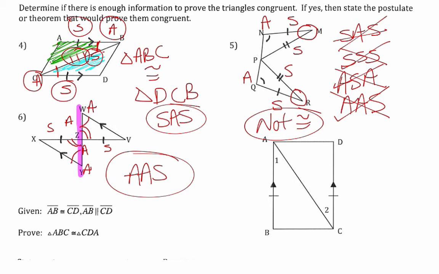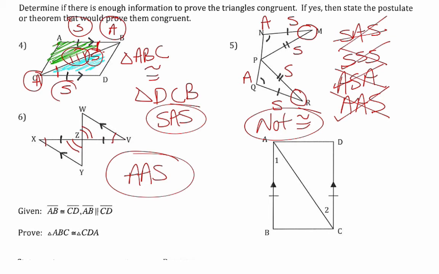But what if somebody else came along and did this exact same picture, but they saw these things? They said, yeah, I see your vertical angles there at WZV and XZY, but I was looking at the transversal that went from X to V. And I was thinking that angle X was alternate interior to angle V. Yep, you're right, that's true.